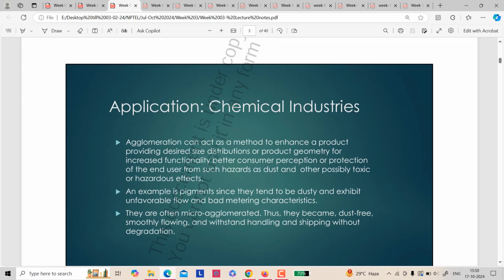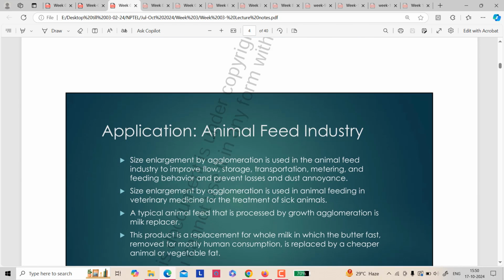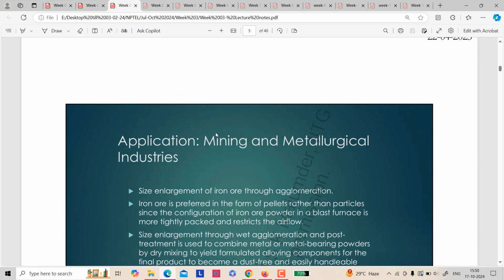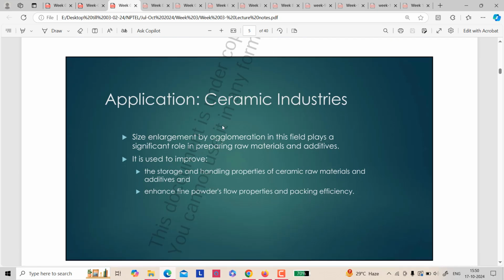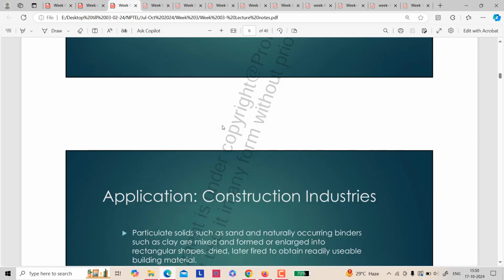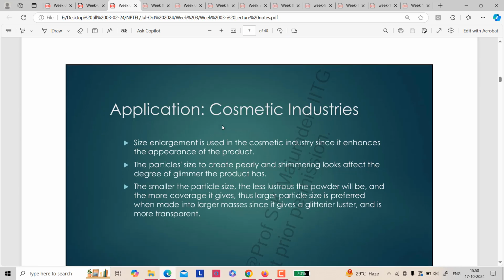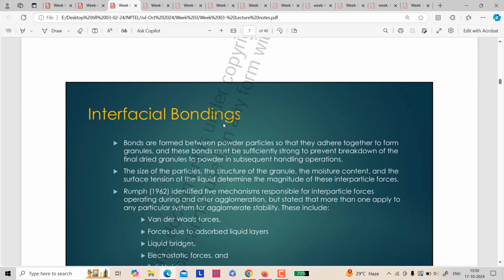Size enlargement is used in the pharmaceutical industry, chemical industry, food industry, animal food industry, mining or metallurgical industry, ceramic industry, agriculture, construction, and cosmetic industry. That means all types of industry can use it.